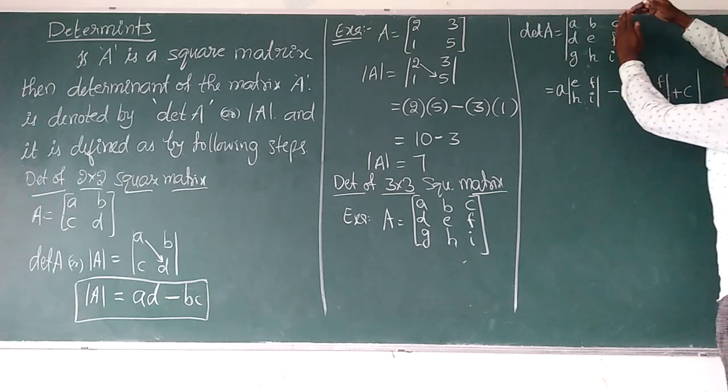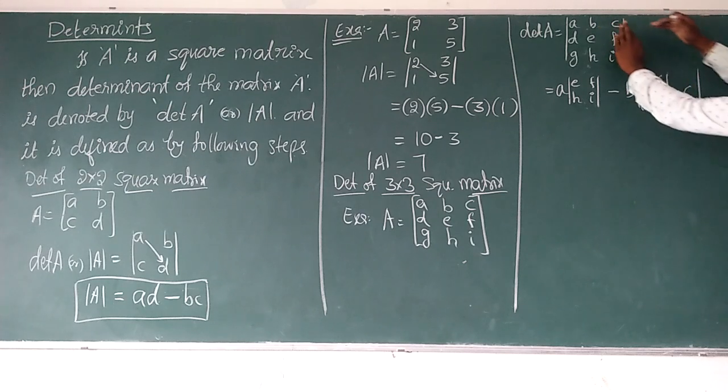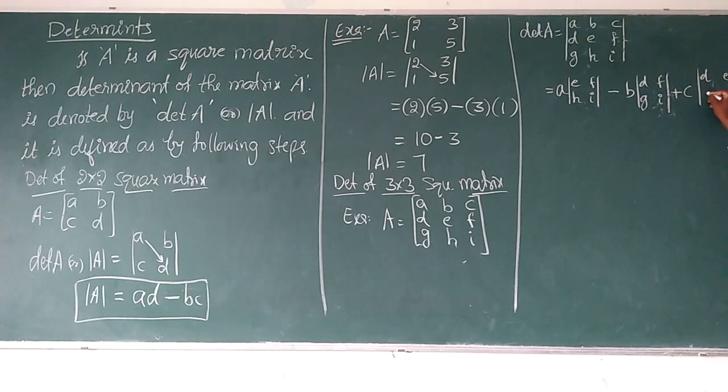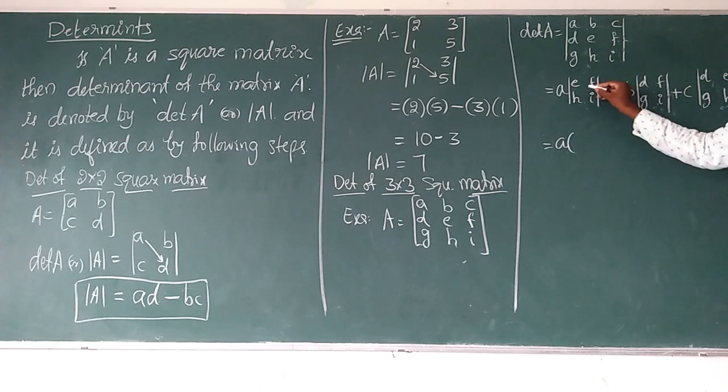Next, close the C column and C row. Because for C we should write, what are the remaining? D, E, G, H. And it is equal to A into, how to multiply? This is a 2 by 2 square matrix.